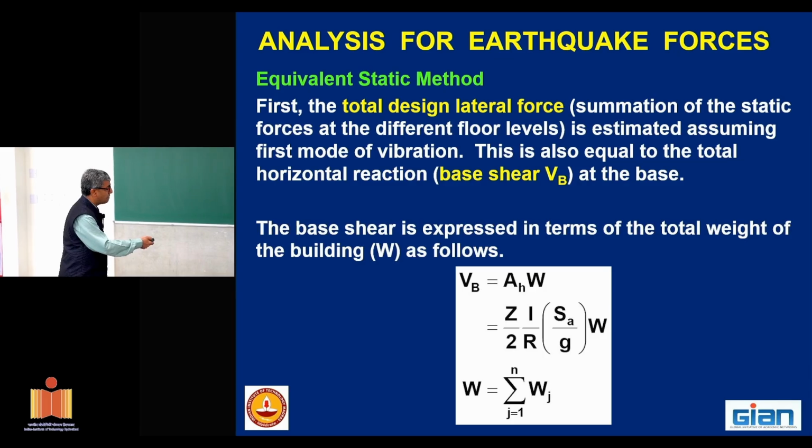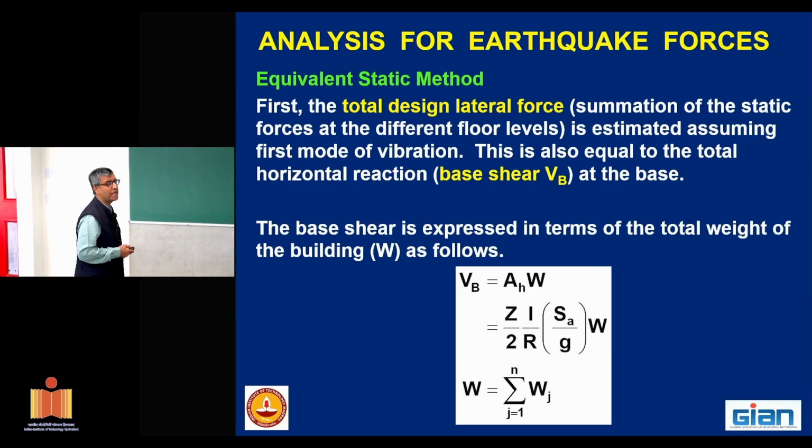That means mass times the acceleration due to gravity is the weight, times some horizontal coefficient is the total of the lateral forces. Now this coefficient is given as, first, a factor which is based on the seismic zone. This is where we take account of what is happening in the different locations on the earth.